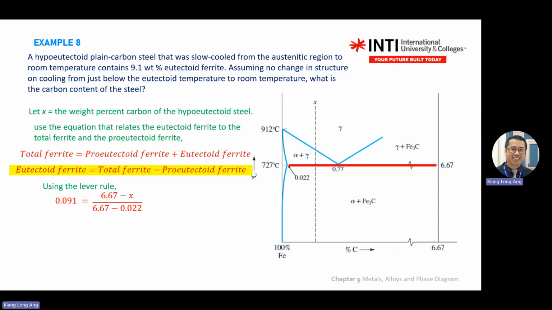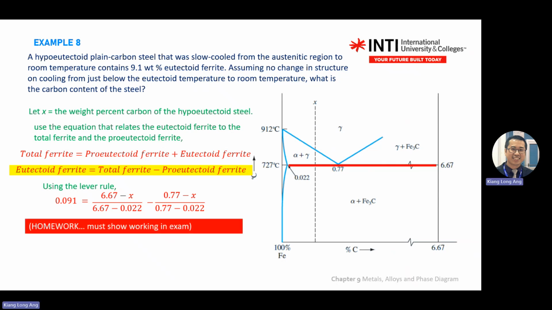So here to here and here, you want to find how many alpha you have. Total ferrite alpha minus pro-eutectoid is another side. So 0.77 minus X here is the other side, pro-eutectoid.